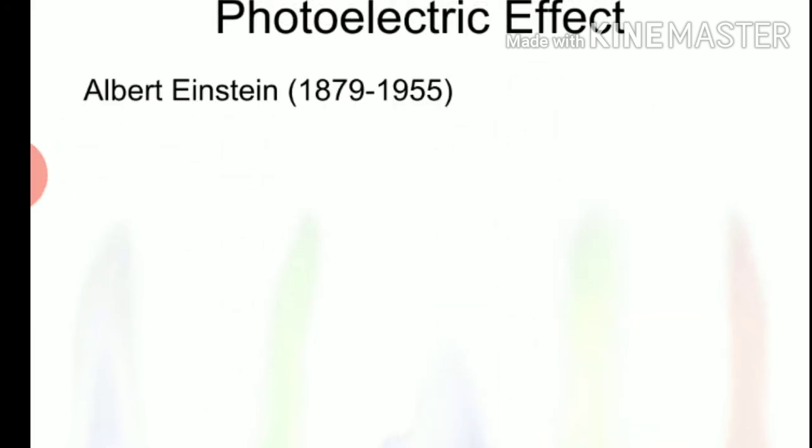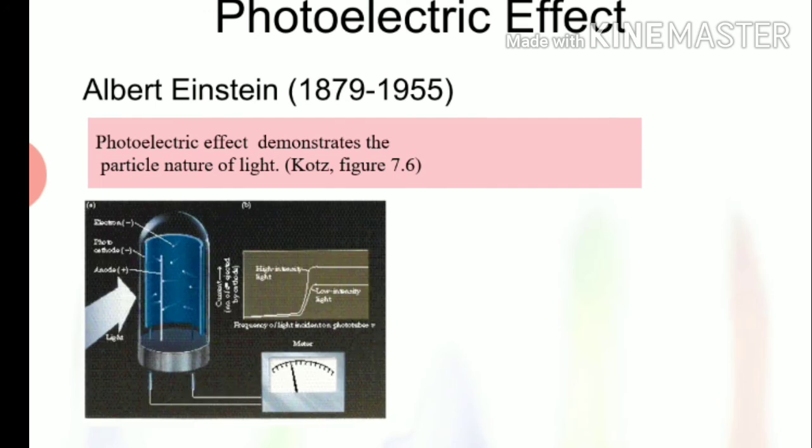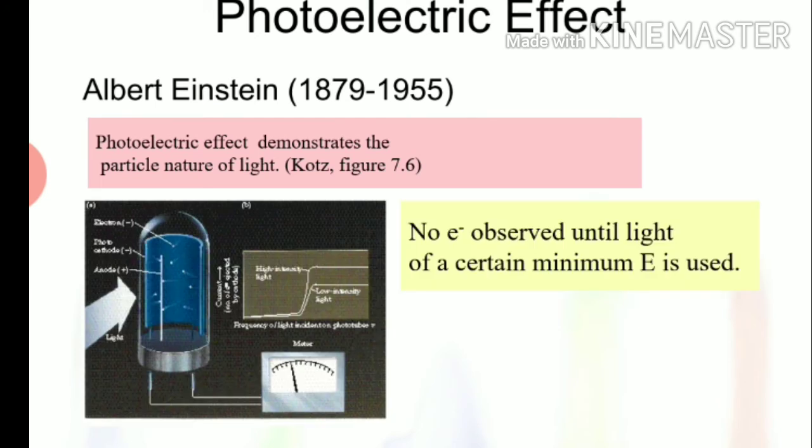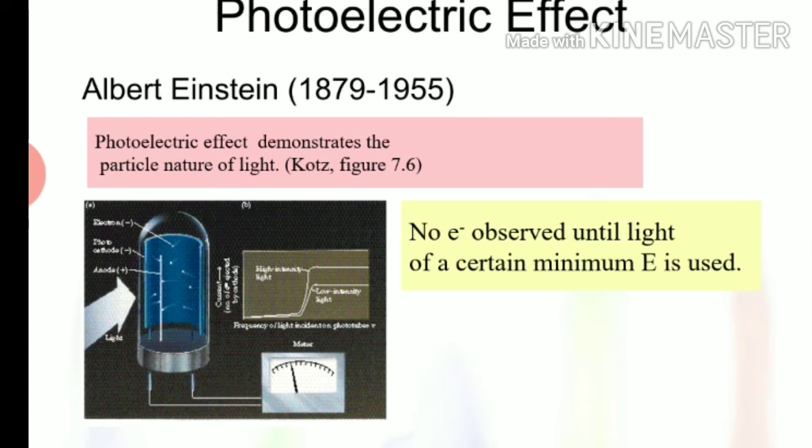Einstein demonstrated this figure. In this figure, it is clear that no electrons are ejected unless a certain minimum energy is supplied to the electron.